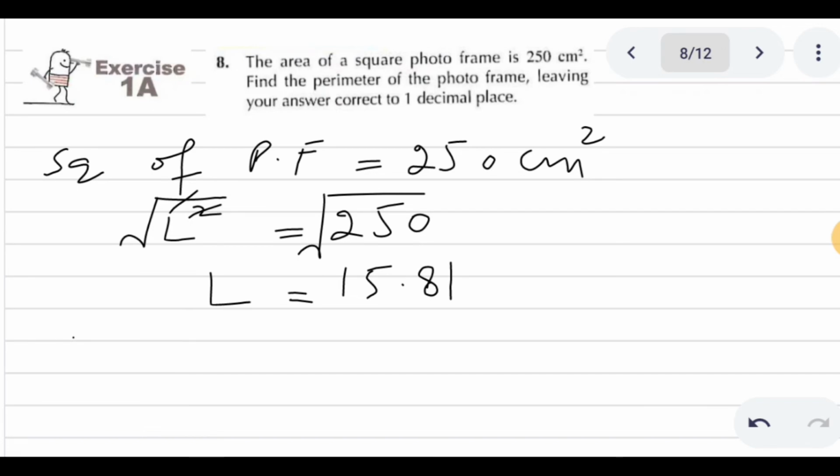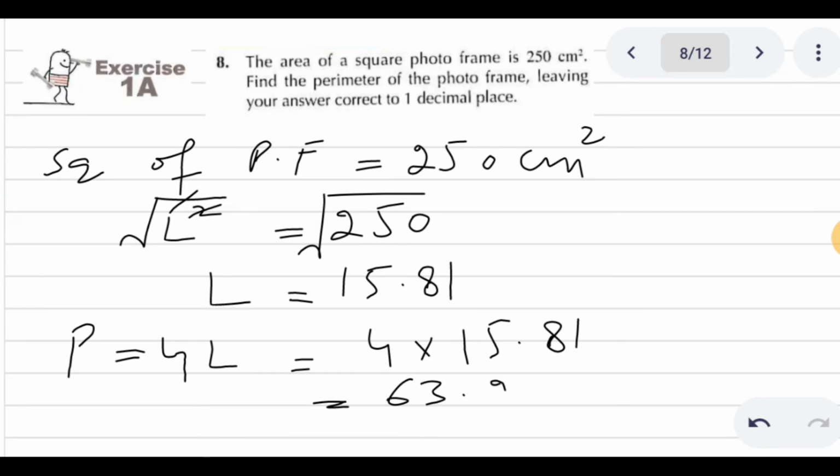Now if we want to find out the perimeter, the formula of a perimeter is 4L. So 4 into 15.81 will be the perimeter, that is 63.24 centimeter, and they are asking us to write to one decimal place.